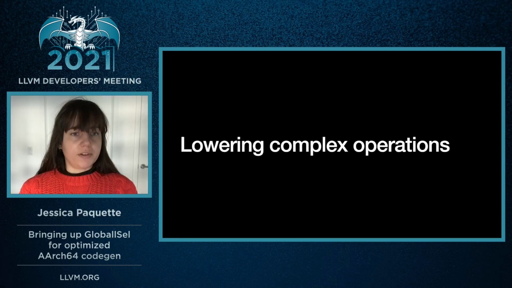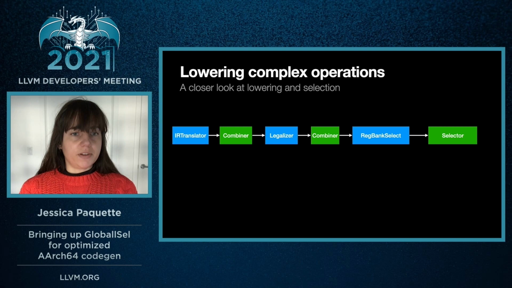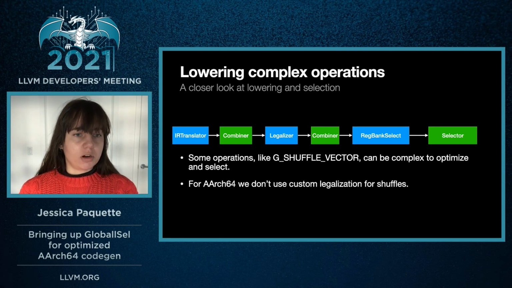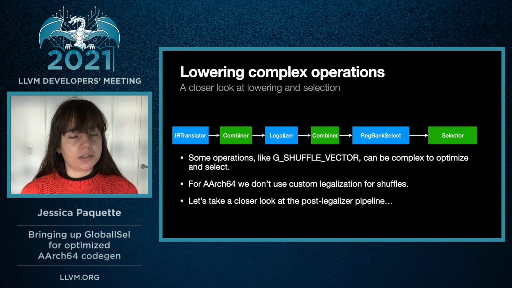Now let's talk about how we can lower complex operations. Some operations like G_SHUFFLE_VECTOR can be complex to optimize and to select. For AArch64, we don't use custom legalization for shuffles, so let's take a closer look at the post-legalizer pipeline.